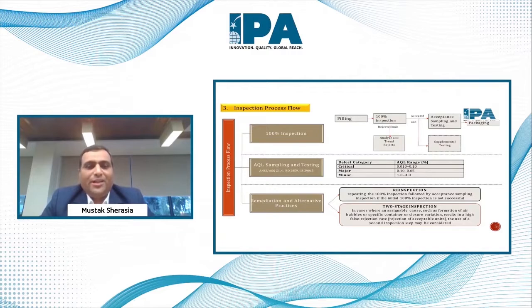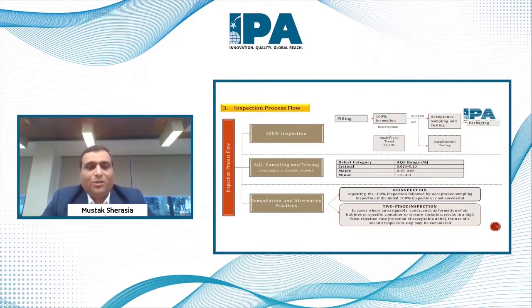AQL sampling is very important after completion of 100% inspection. It has to be carried out as per the applicable standards, and the sampling plan has to be followed to ensure you get the confidence that the inspection carried out is effective and as per the pre-established procedure with qualified inspectors. Sometimes a remediation practice is also followed: when an inspection fails at 100%, it's recommended, based on investigation, to perform a re-inspection followed by statistical AQL sampling.